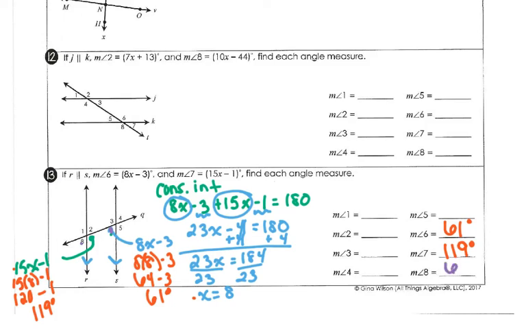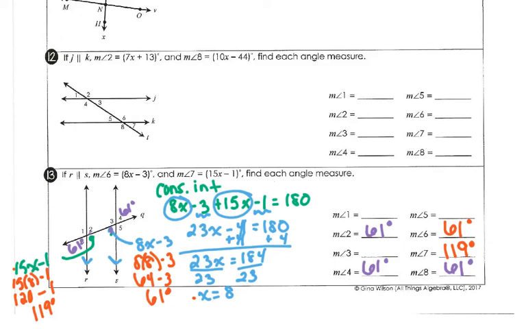So angle 8 is also 61 degrees. Now, looking at angle 8 and angle 4, they're opposite sides of the transversal, outside the parallel lines, so they're alternate exterior angles. So angle 4 also has to be 61 degrees. And then the same thing goes with angle 2, because it is corresponding to angle 4.